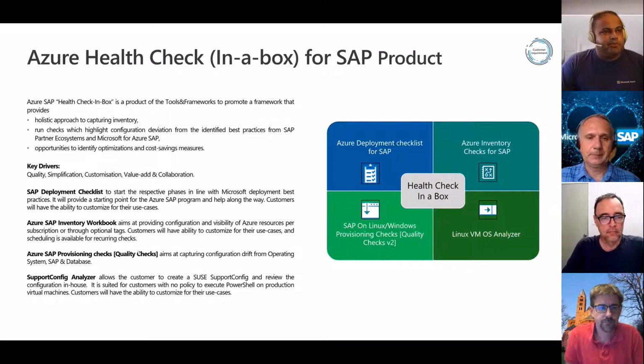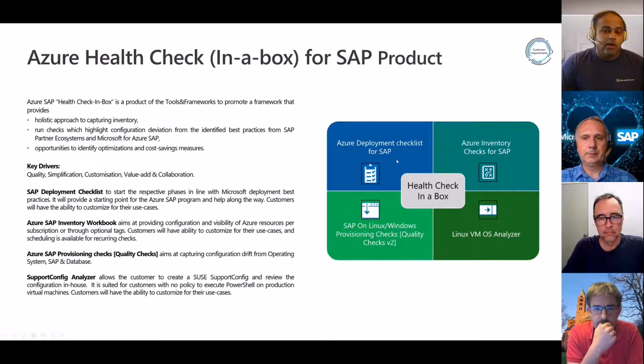So what we have as part of health check, first, is the Azure deployment checklist for SAP. Now this is an Azure workbook and it is available on our GitHub. It really indicates what are the key checkpoints you need to go through when you are preparing your SAP on Azure program from a deployment perspective. So you can also say this is more of a program management tool where you're going through project preparation and planning phase, or say POC phase, or non-production, production, post go live.